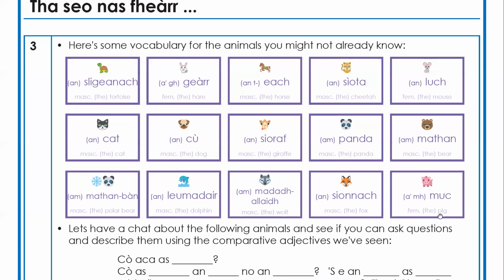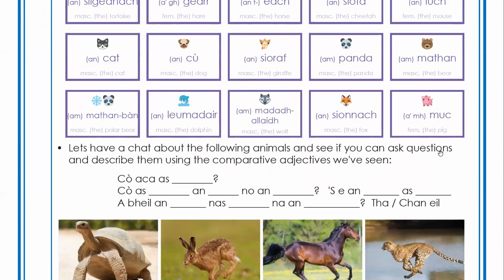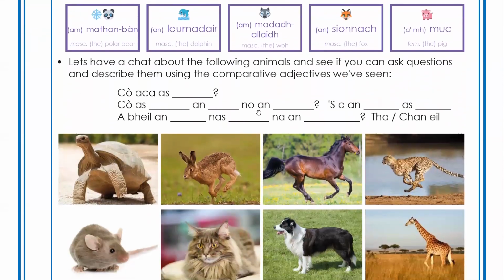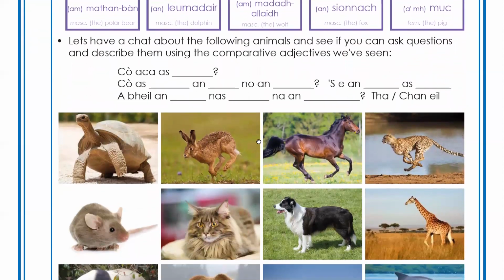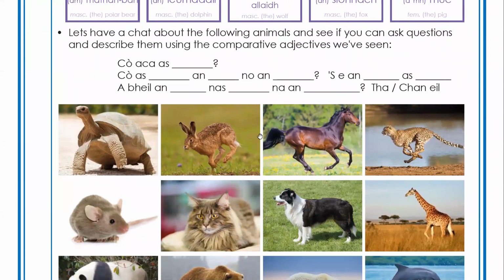Mook, pig, mook. Vuk, the pig. So we can have a chat about the following animals and ask questions and describe them using the comparative adjectives that we've seen. We can use ko-ach, as, if we want to ask a question about a pair.